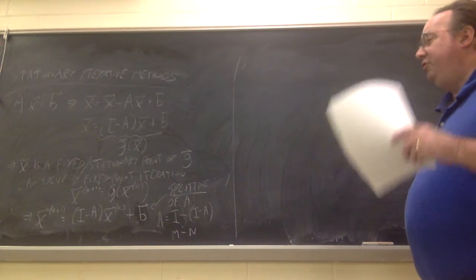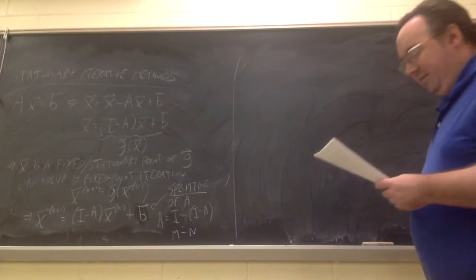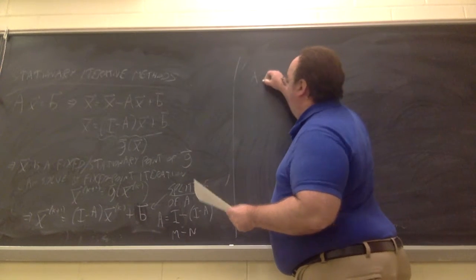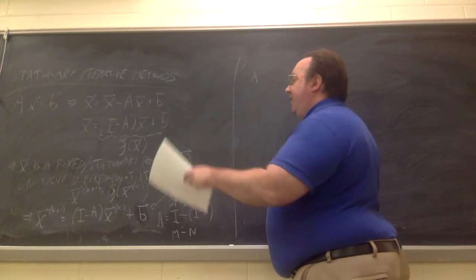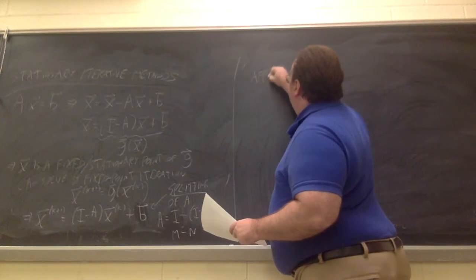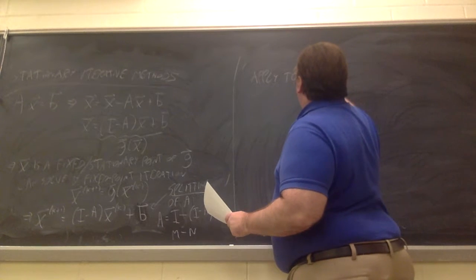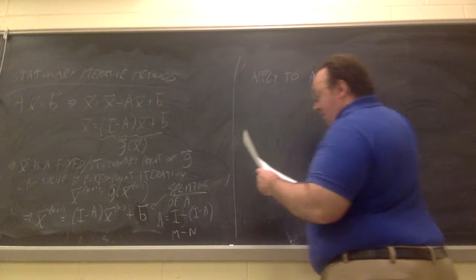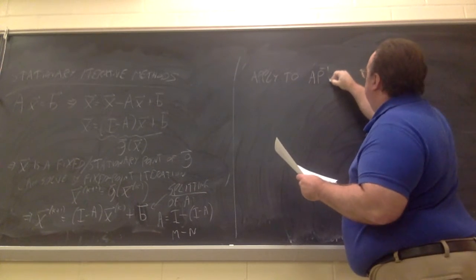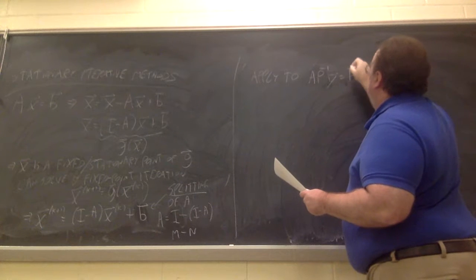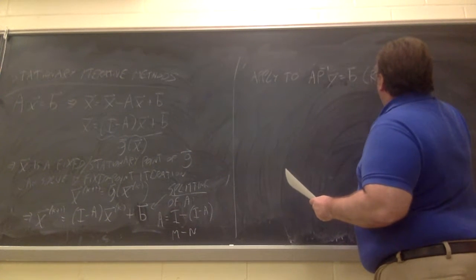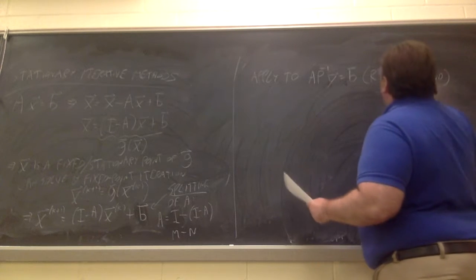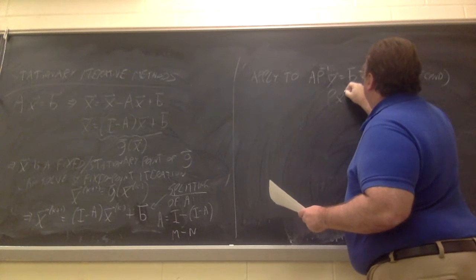So I'm going to use preconditioning that I was just talking about. I can apply this iteration not to Ax = b, but to this system, A P inverse y = b. So this is right preconditioning, where Px = y.